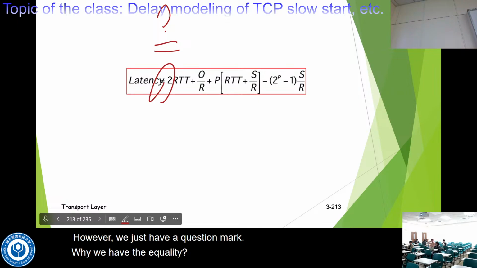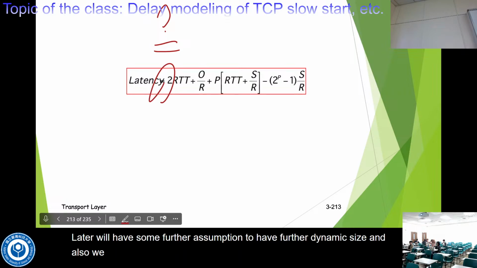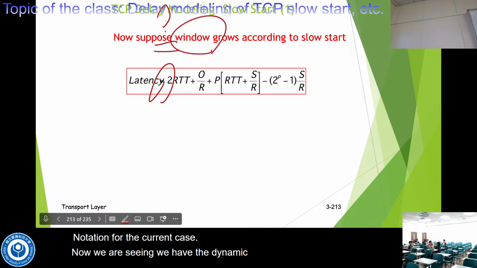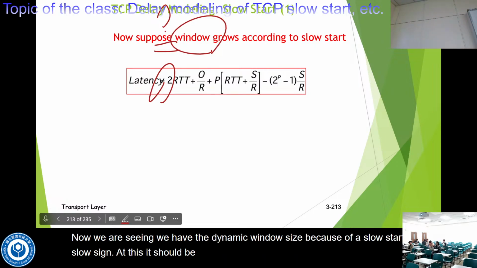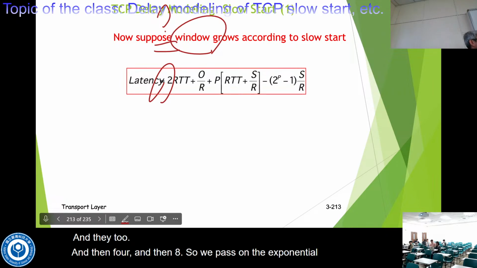Later, we will have some further assumptions to handle the dynamic window size, and also further notation for the current case. Now we have a dynamic window size because of slow start. Slow start should initially be 1, then 2, then 4, then 8, so it grows exponentially with a base of 2.